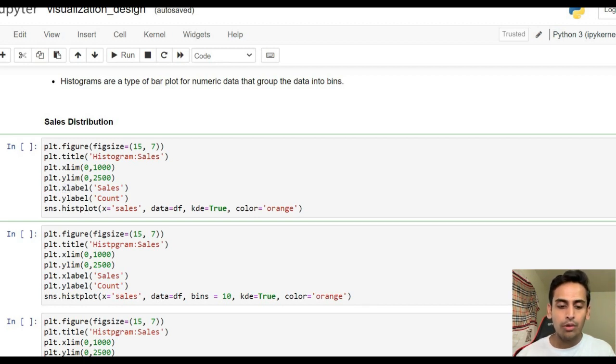Histplot is one of the functions available in the sns package, or Seaborn, to create a histogram. On the x-axis, I'm plotting the sales value. Then data equal to df means that df is the data where we have stored our CSV file. kde equal to True means I want to see the curve as well along with those bins. And the color of the graph would be one.